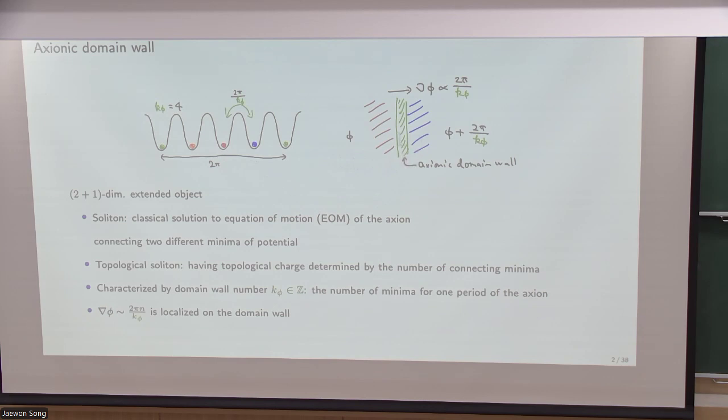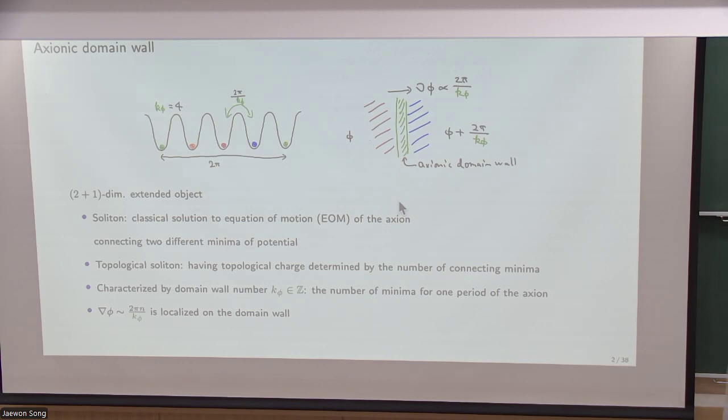For example, in this region the value of the axion is this one, and in this region the value of the axion is this one. The axionic domain wall connects different vacua in real space-time. To connect these different vacua, there should be a localized 2+1 dimensional object.